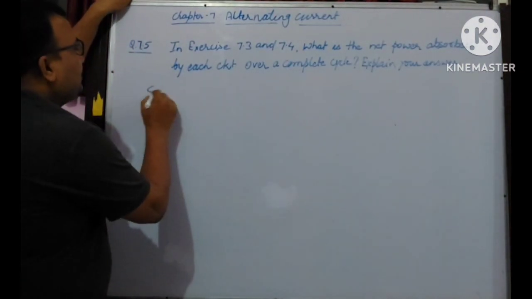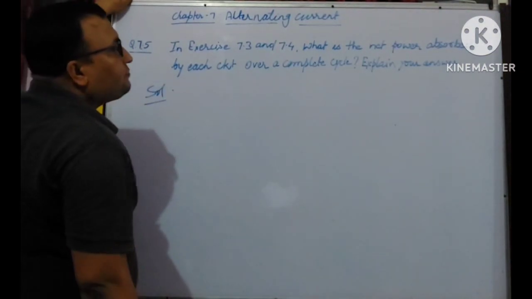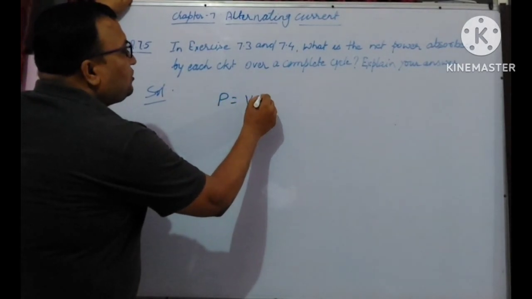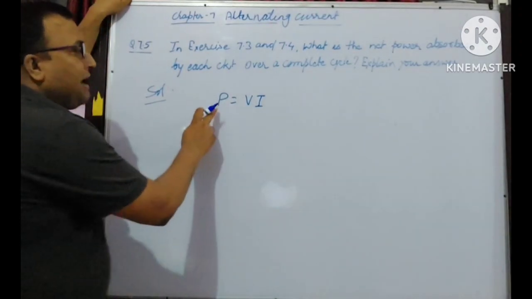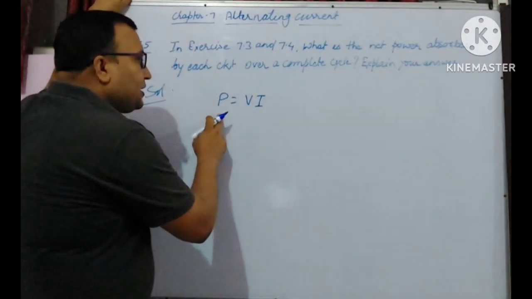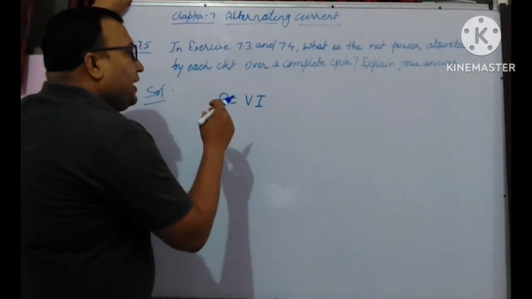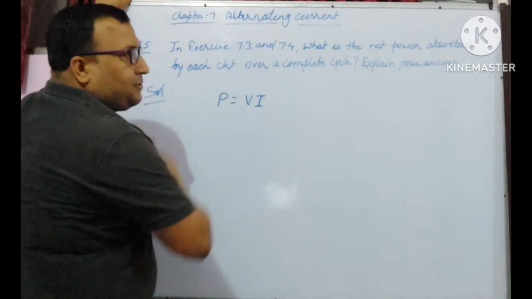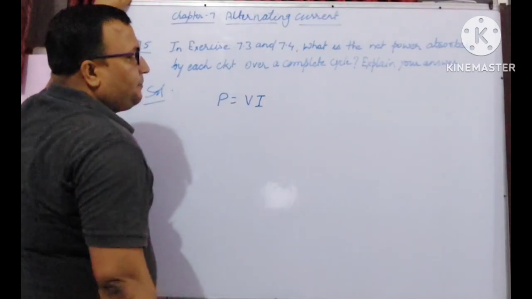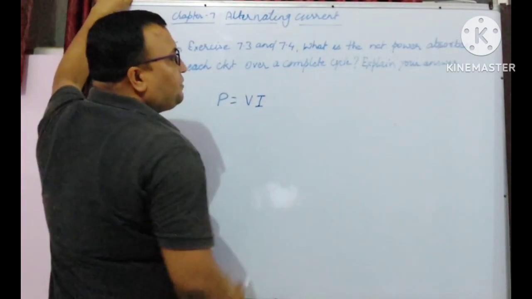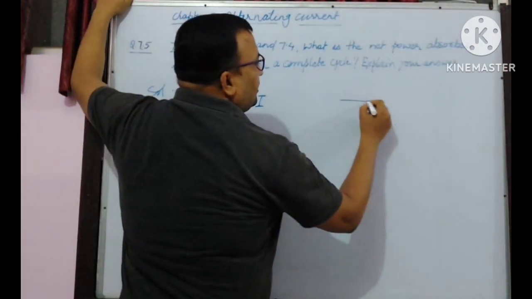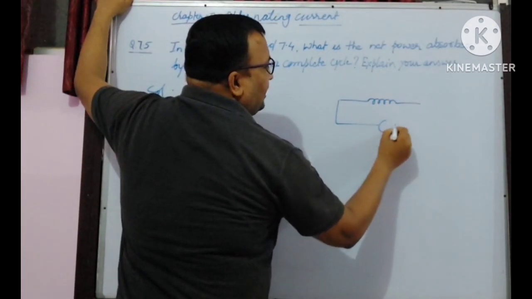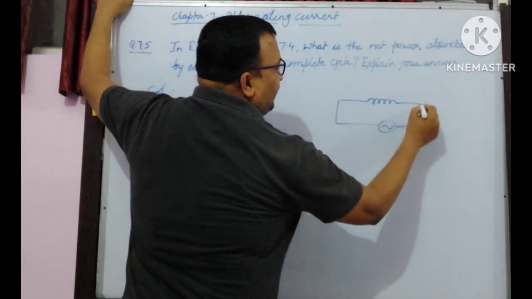What do we have to write? Solution. We know that P equals V into I. The power absorbed by any particular circuit depends upon the voltage and upon the current. It is a general formula. Now suppose I am talking about an inductor, and it is going to get an AC supply.